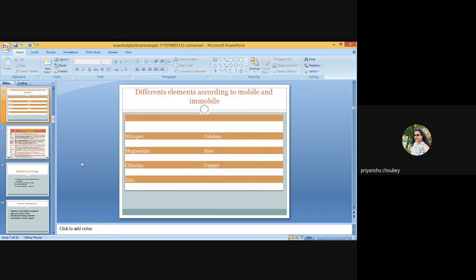A single cell layer called the endodermis separates the cortex and the vascular tissues. Endodermal cells are coated with a waxy layer called the Casparian strip.